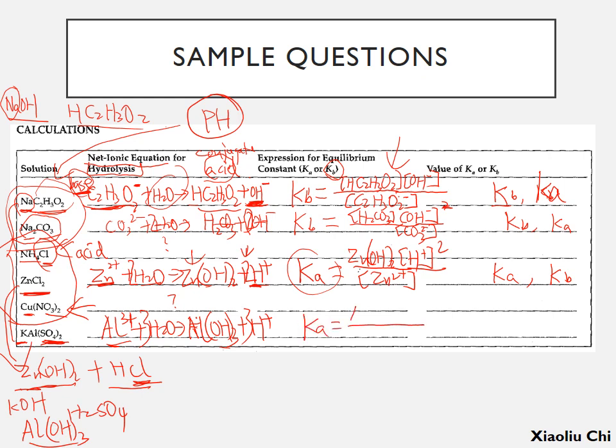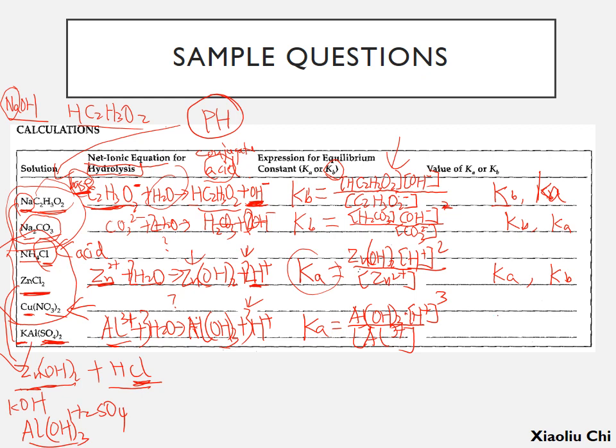So aluminum hydroxide times hydrogen cation to the third power, because this has a 3, divided by aluminum ion concentration, and do not include water.